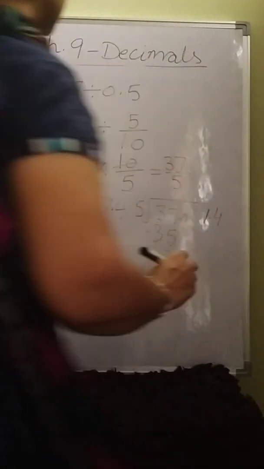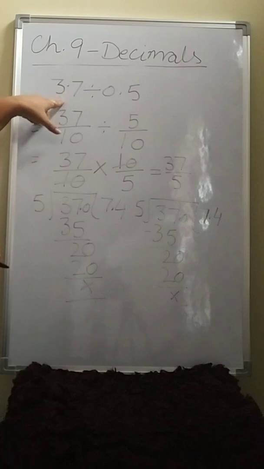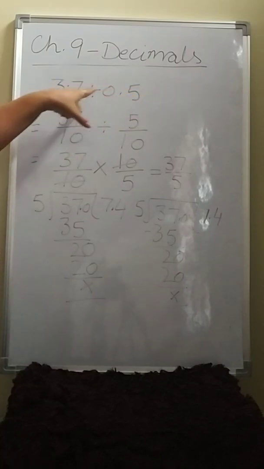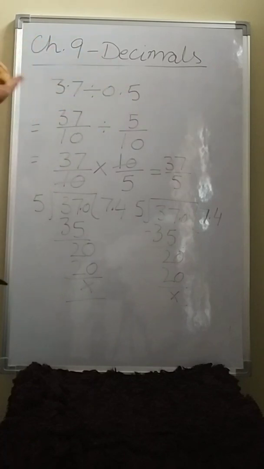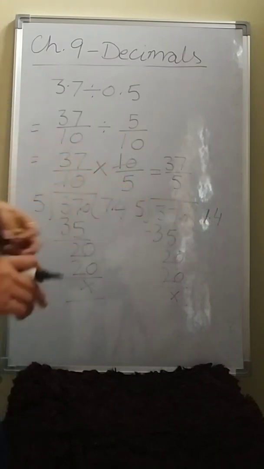Same procedure. 5 4s are 20. The decimal is cancelled here because the decimal is before one digit on this side and on this side also the decimal is before one digit. So 1 minus 1 is 0, which means no decimal. So this is simply 37 divided by 5. You get the answer 7.4.